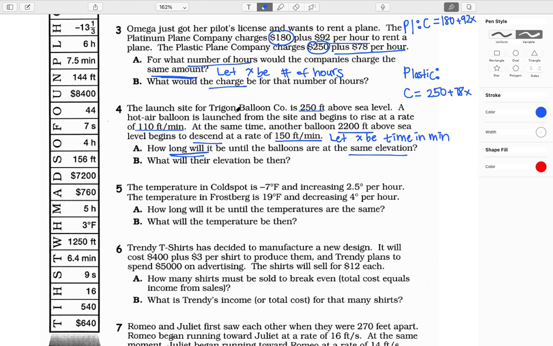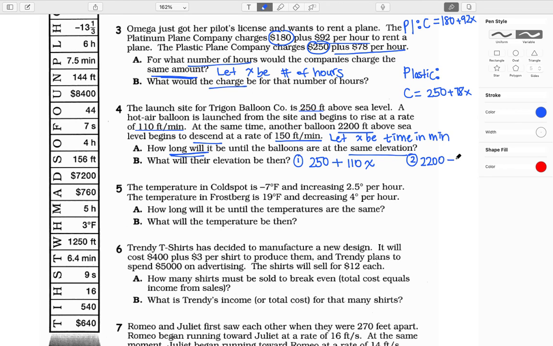So we're going to separate it into 2 balloon companies here. The hot air balloon, it looks like it's rising. So that means it's going to be 250 plus, it's going up by 110 per minute. Okay, and the second balloon at the same time, it's at 2,200, but it's descending, so it's going down.